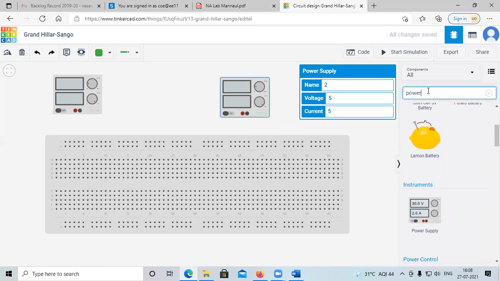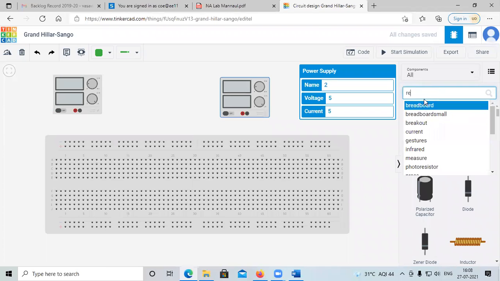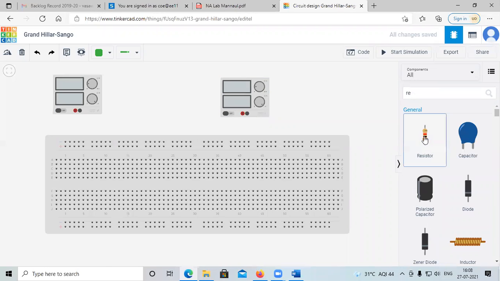Then I require resistors, that is R1, R2, R3. So see here, a resistor is there. Just drag this resistor here. I require 3 resistors. So these are the 3 resistors I have taken.